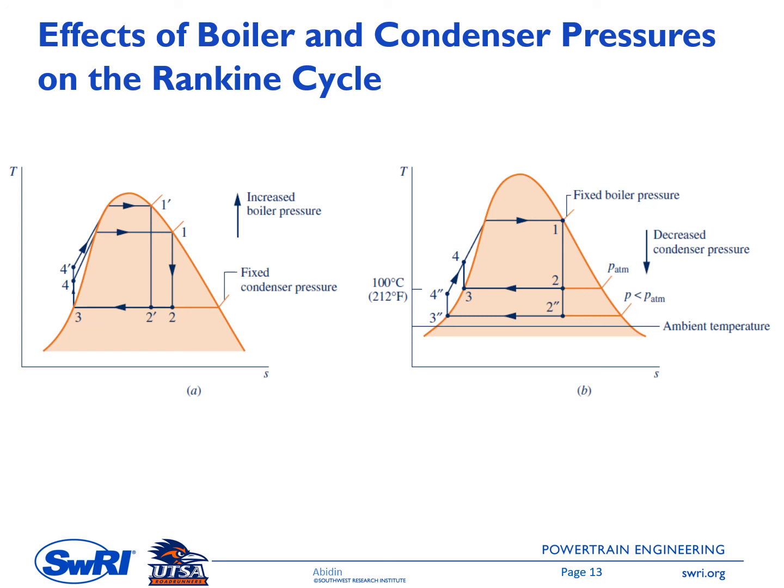If you remember, the Carnot cycle efficiency is equal to 1 minus Tc, the cold side, over Th, which is hot. Tc here is at the condenser and Th at the boiler.